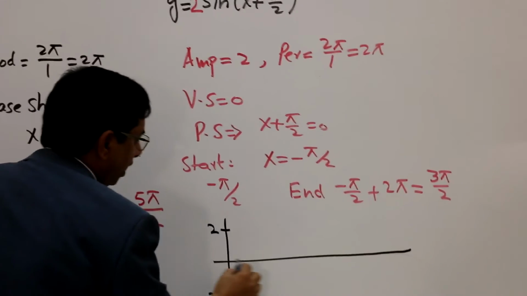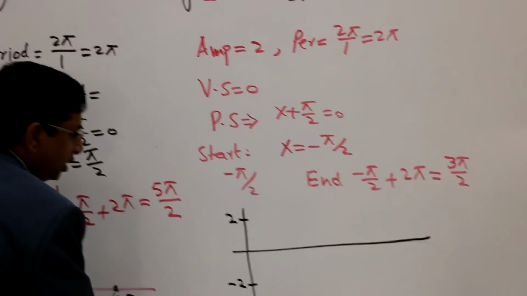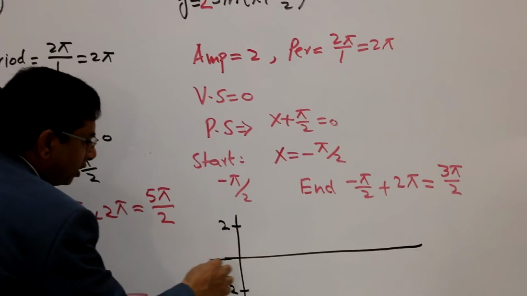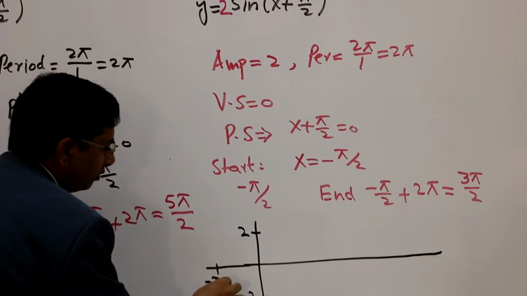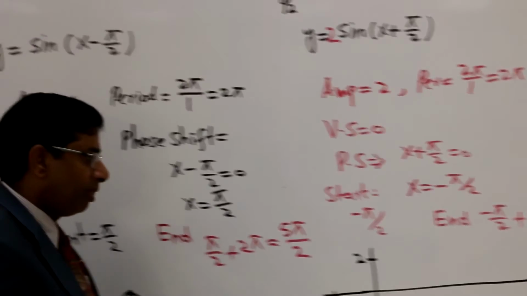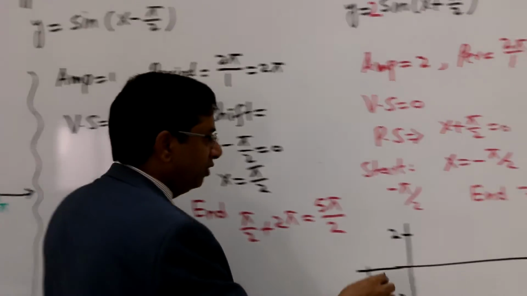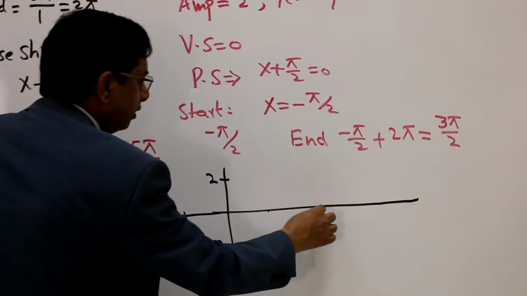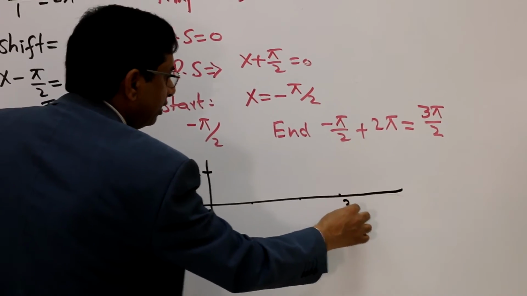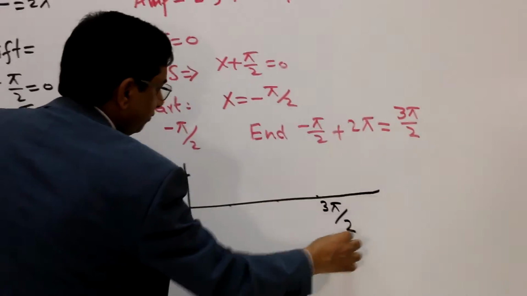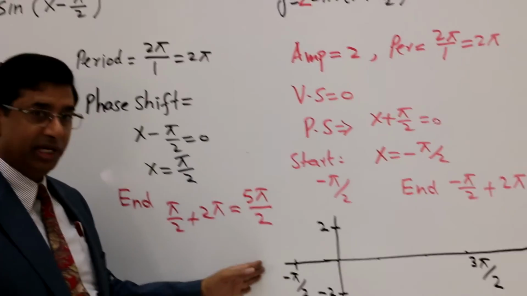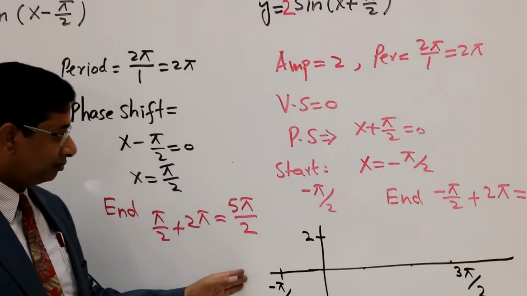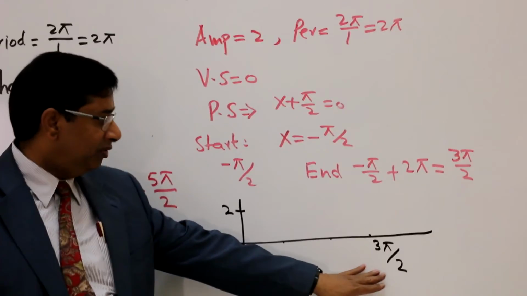Starting from negative pi over 2. Because it is negative, so it will start from the negative direction of this one. So I mark it over here, negative pi over 2. It will end at 3 pi over 2. Here, 3 pi over 2. See, starting point because it is negative, so I am taking on the negative direction of x-axis. This is 3 pi over 2 on the other side.